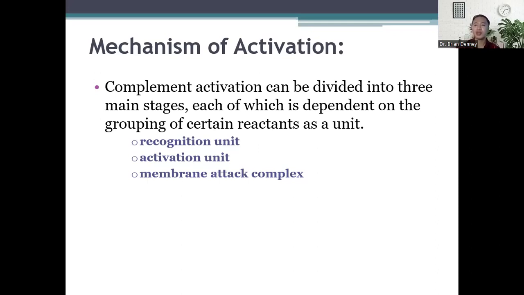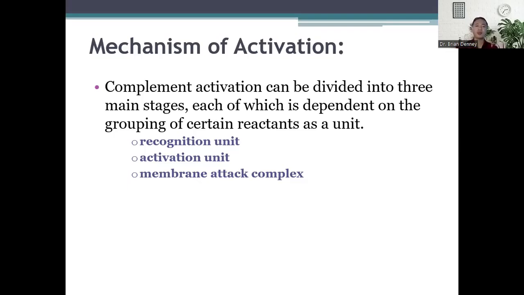The activation unit is comprised of your C4, C2, and C3. Your membrane attack complex is comprised of C5, C6, C7, C8, and C9. Please take note of that, because our discussion on the classical pathway will revolve around these three main stages.